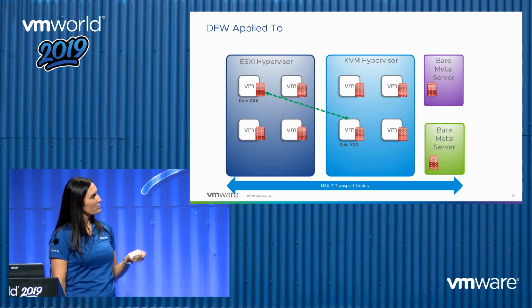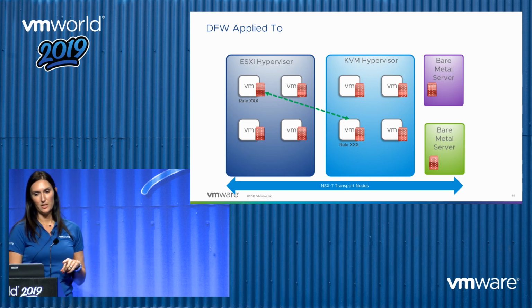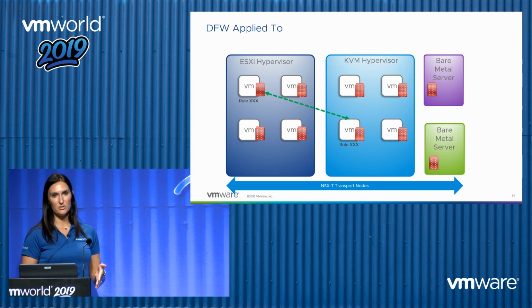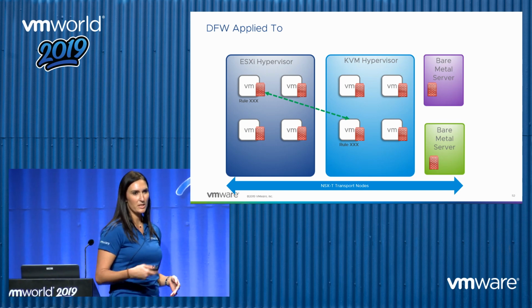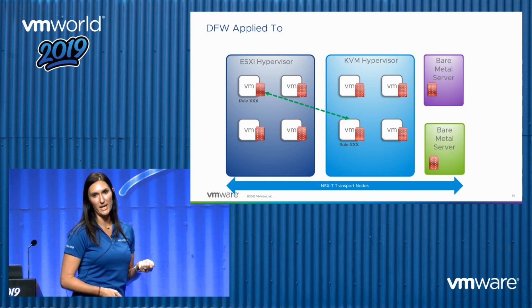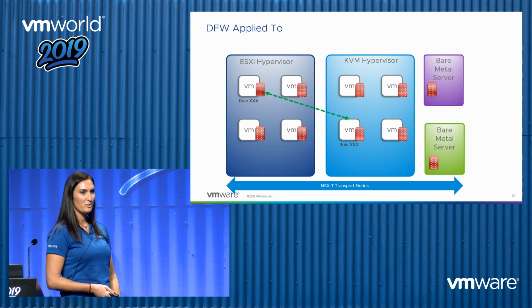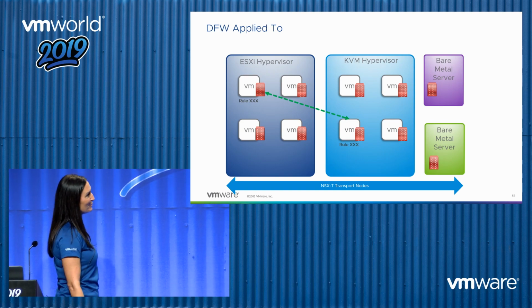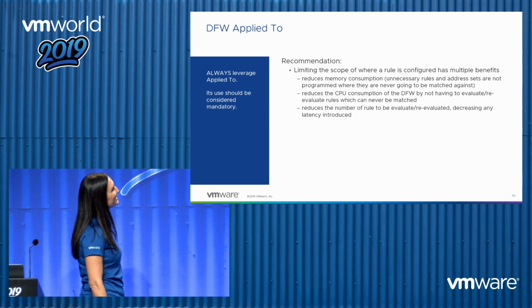So what we want to do is limit the scope of that firewall rule to the source and destination VMs. If you have a small environment, you may not see too many issues around this, but once you start getting to larger environments or big rule sets, you can really start to see an impact. And that's when you start calling us, and as much as we would love to hear from you, we really don't want to in that way.